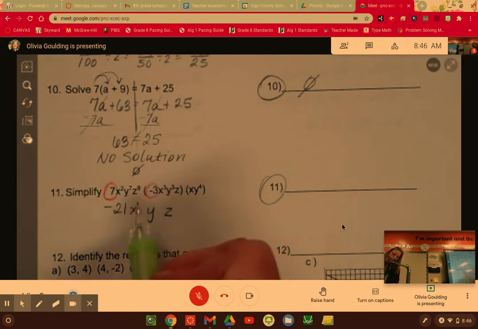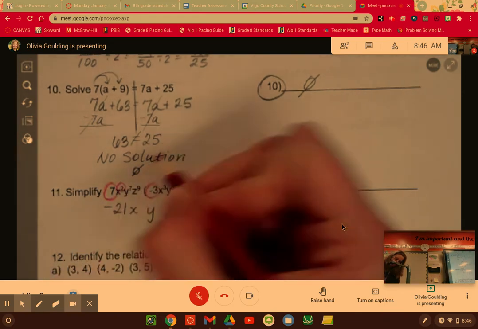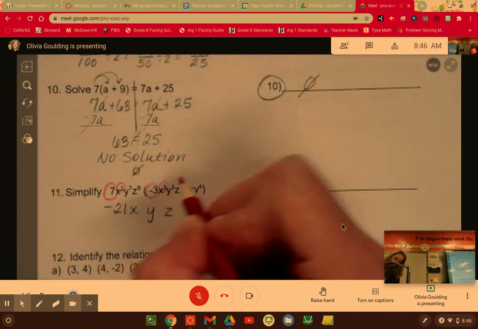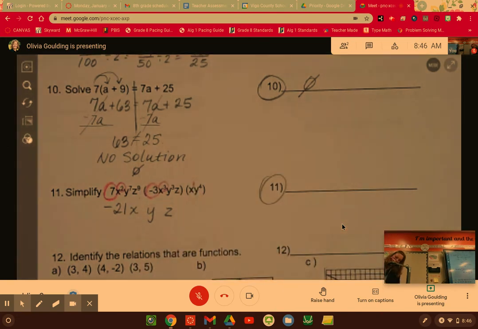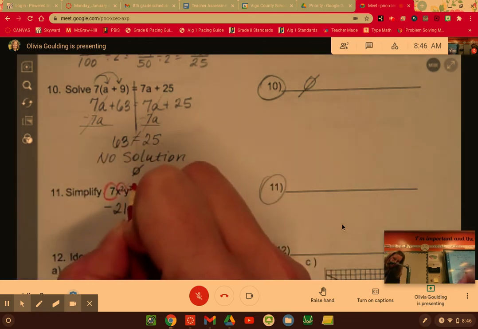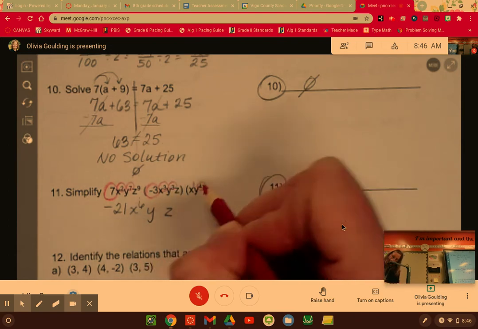Looking at you. So I've got x's and y's and z's. So how many x's do I have all together? 2 plus 3 is 5 plus 1 is 6. So I have x to the 6th. How many y's all together? 7 plus 3 is 10. 11, 12, 13, 14, right?